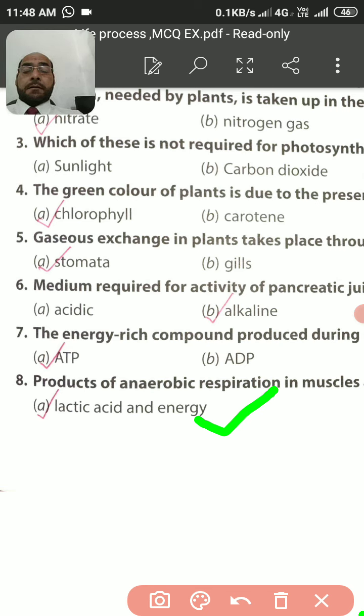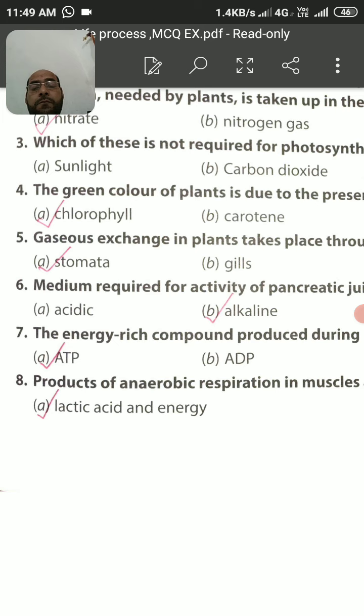The muscles start producing lactic acid from the carbohydrate present in the muscular cells, so there is muscular cramp, formation of lactic acid and production of 2 ATP of energy in the muscles. This is the anaerobic type of respiration during heavy work done by individuals. So students, this is the correct answer, lactic acid and energy.